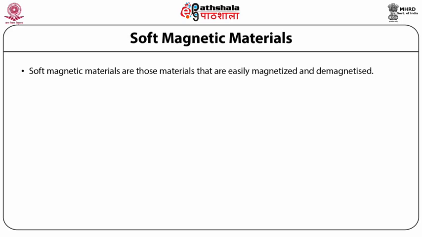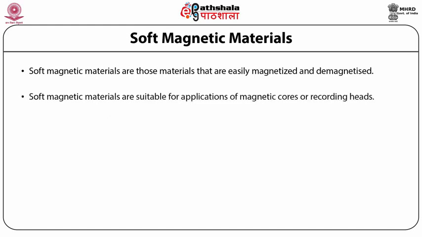Soft magnetic materials are those materials that are easily magnetized and demagnetized. In other words, when domain walls can easily migrate, the ferromagnetic material can be easily magnetized at low magnetic field, and this type of ferromagnetic material is called soft magnetic material.